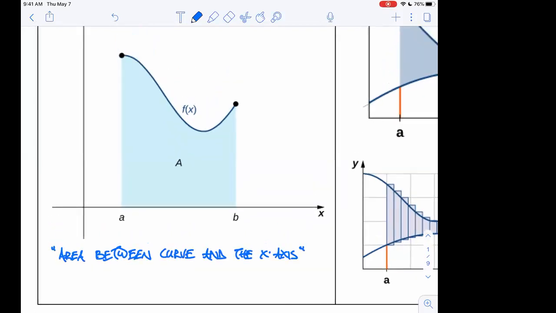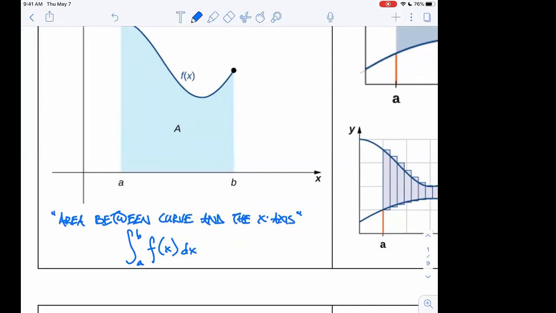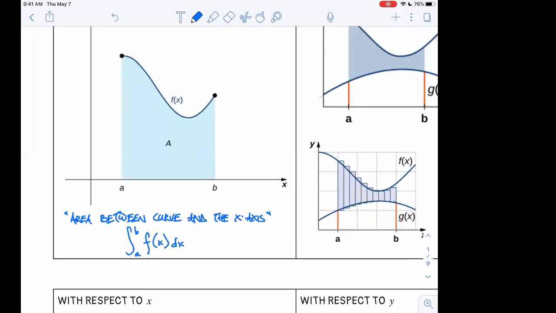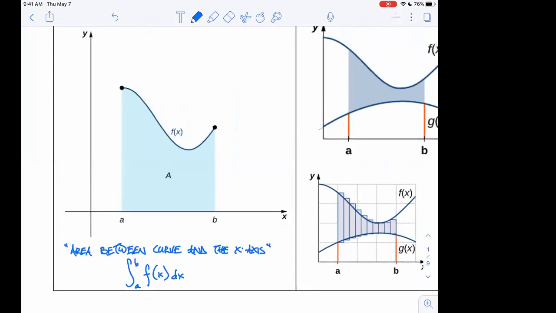And that's what we were finding when we set up our integral to be something like this, the integral from a to b of f of x dx. Anytime we saw that notation, we knew that we were finding the area. And in this diagram here, we're just looking for this area around A.